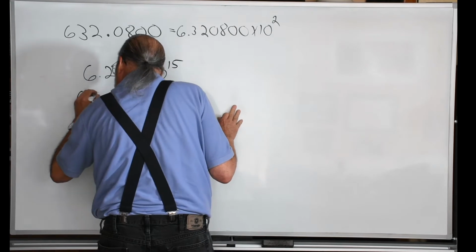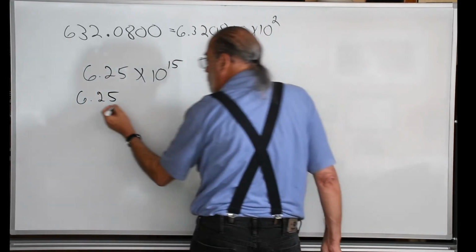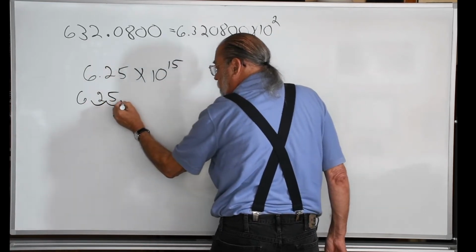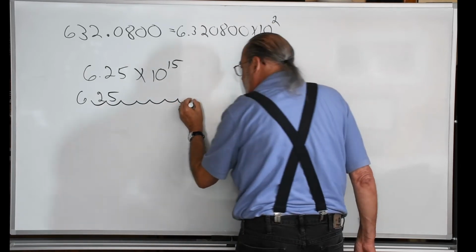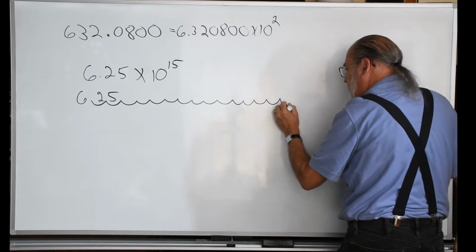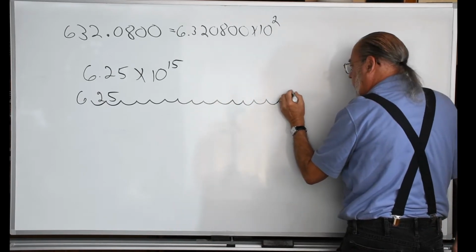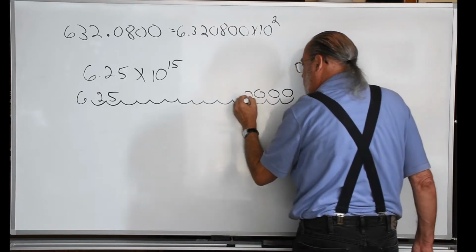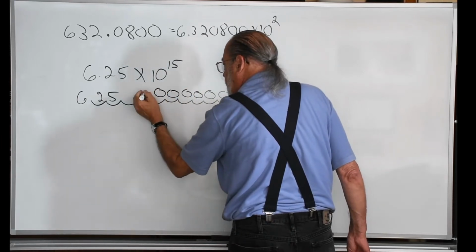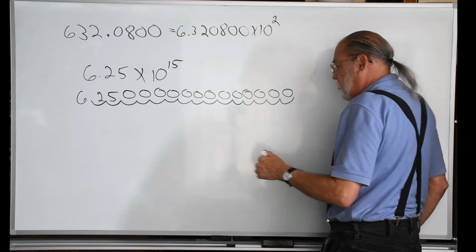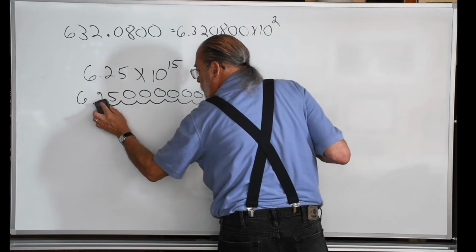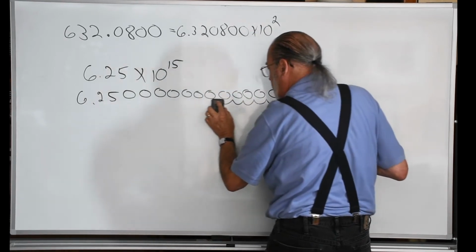We write down the mantissa, and then we move the decimal place the number of places indicated by the exponent: 1, 2, 3, 4, 5, 6, 7, 8, 9, 10, 11, 12, 13, 14, 15. And then we fill all of these spaces in carefully with zeros, and then we eliminate the final decimal point, and there is the final number.